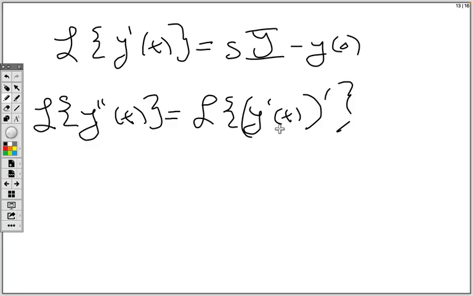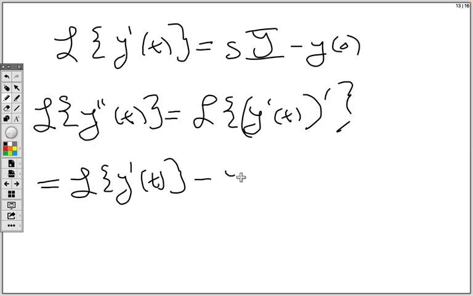So you just take the Laplace of the first derivative. That's just applying this formula to the first derivative. And now, excuse me, I forgot the s. It's s times the Laplace of the first derivative minus the initial value of the first derivative.